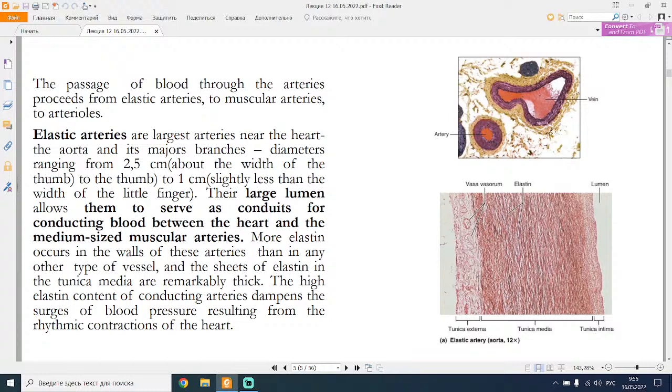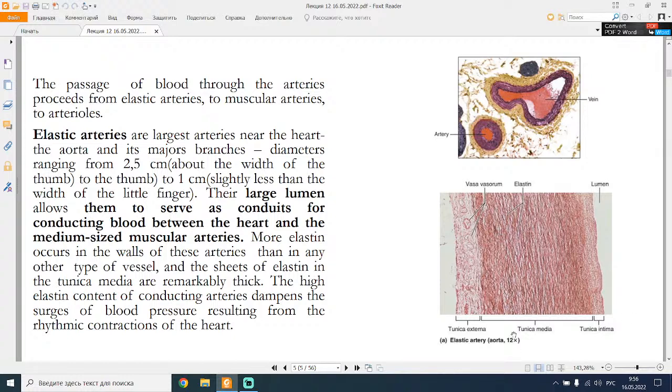Their large lumen allows them to serve as conduits for conduction of blood between the heart and medium-sized muscular arteries. More elastin occurs in the wall of these arteries than in any other type of vessel.